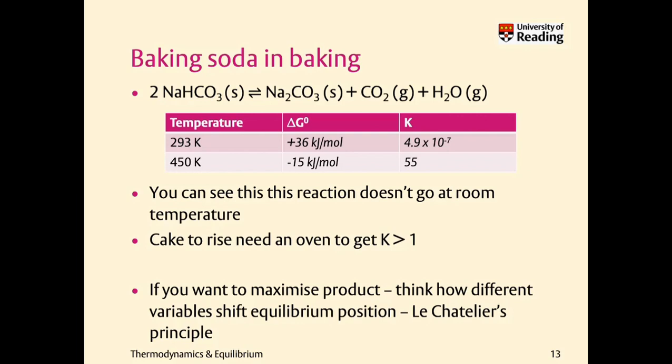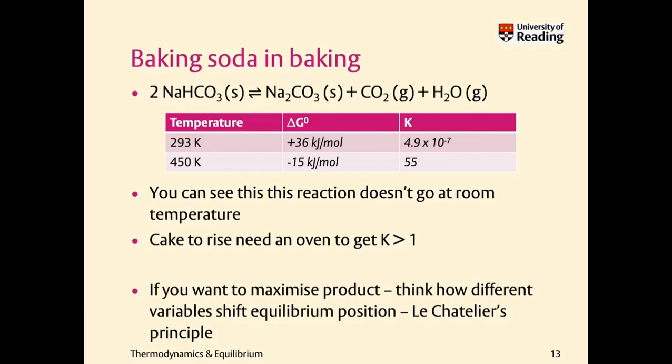At higher temperatures, we then see that the equilibrium constant shifts to 55. So now there's more product than reactant at equilibrium. There's still a component of both. That number isn't ridiculously high to say there is no reactant. And you'll notice that the Gibbs free energy for the reaction is now a negative number.